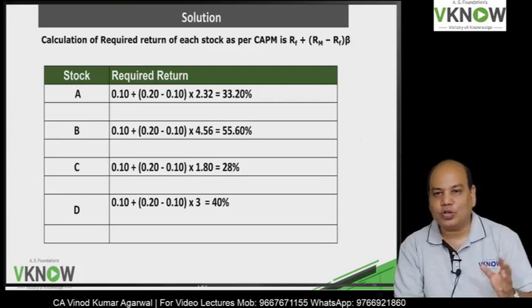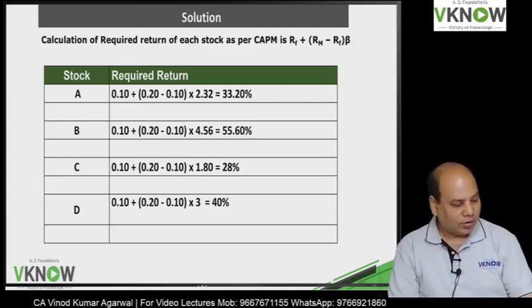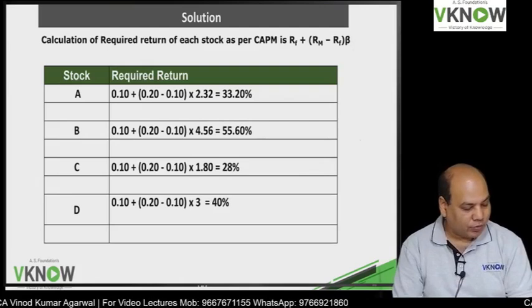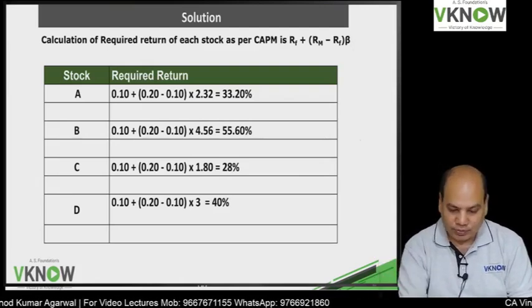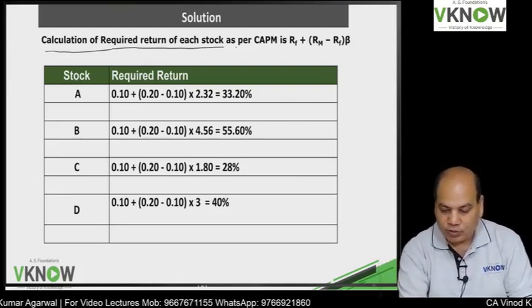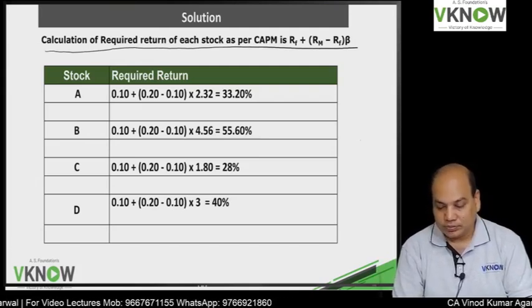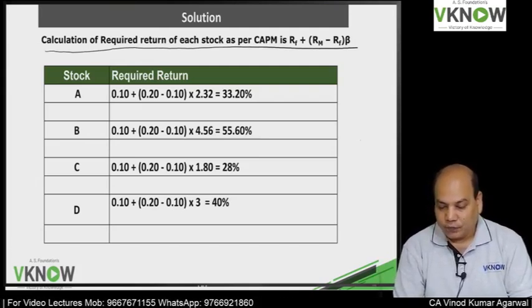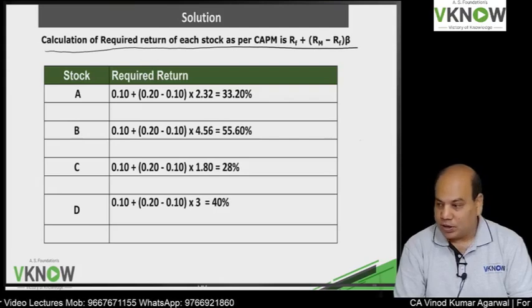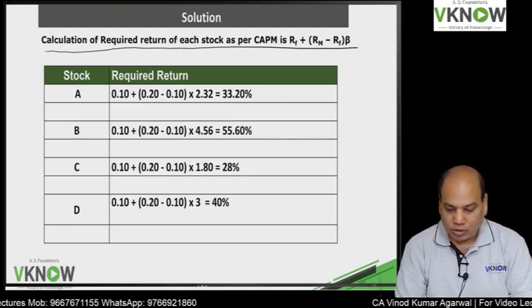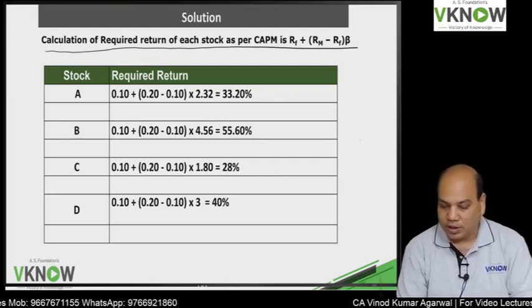Individual security you have to reshuffle. In order to check which security I need to buy or sell, I have to do individual stock calculation. For that, first you find out the required return as per CAPM. And the formula is RF plus beta into RM minus RF.